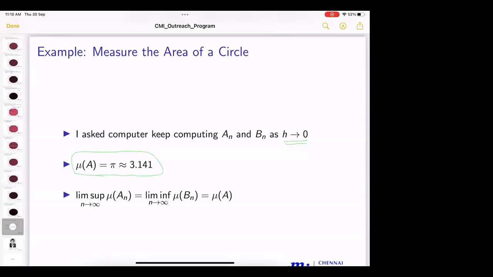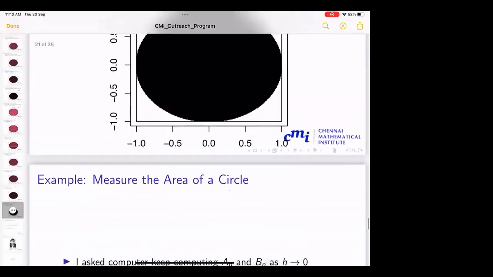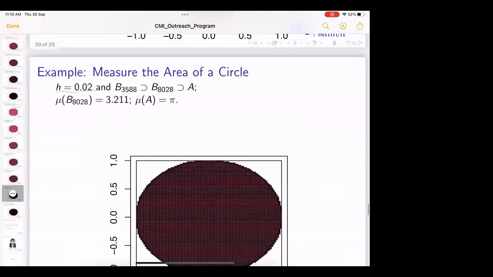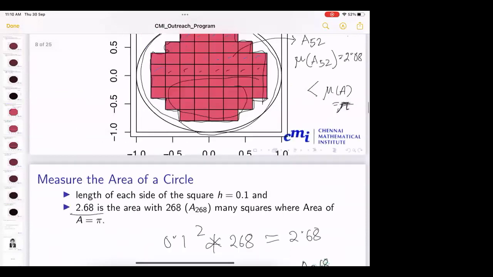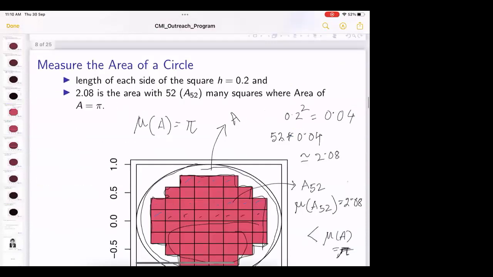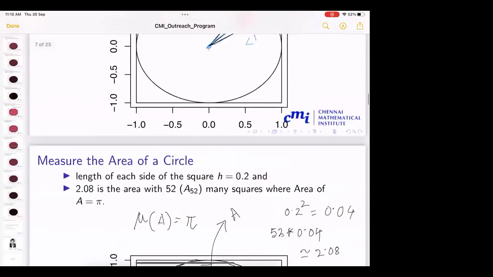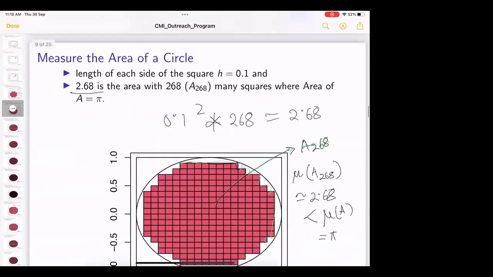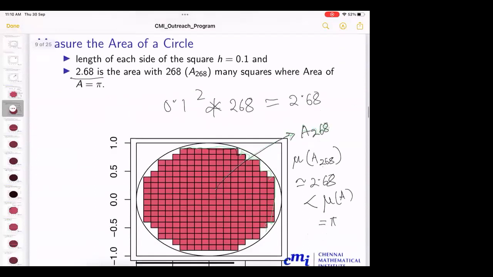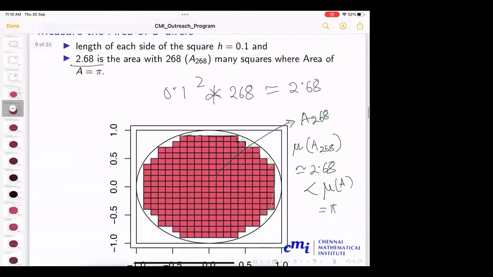what are the geometric shapes that we have to begin with? It's like A52, then A268, this way, right? These are all the geometric shapes that we have.